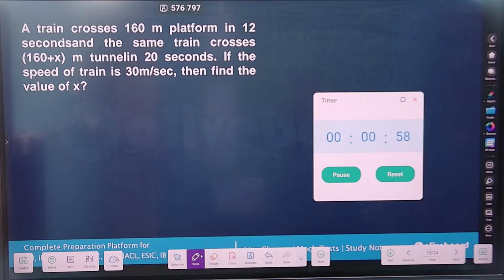Please solve now. Okay, I don't know the answer. Might be. Please solve, everyone. We have limited time.